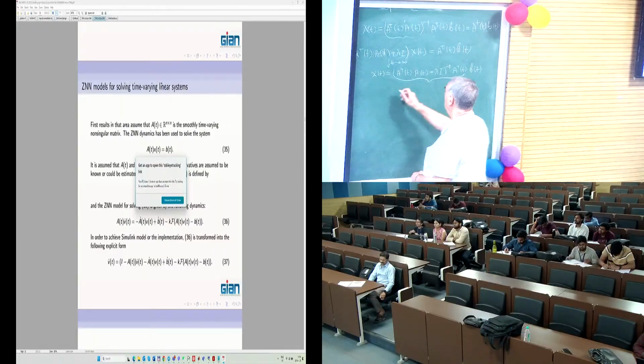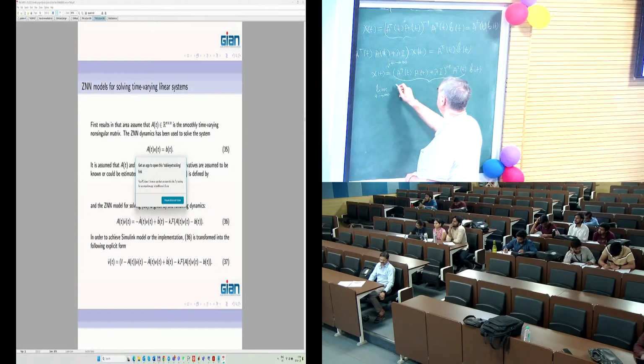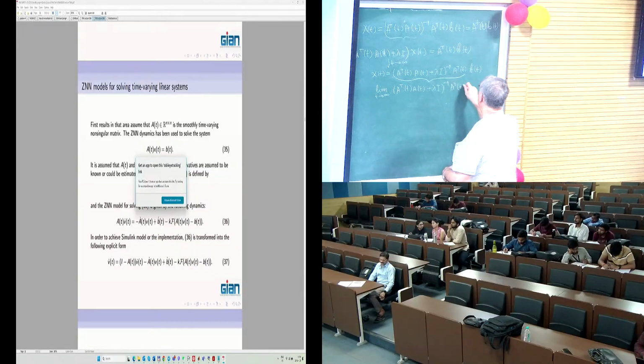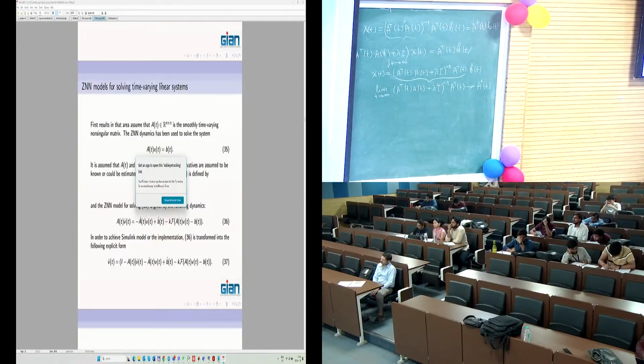Again, if time tends to infinity, this converges to A dagger of t, and we will obtain an approximation of the Moore-Penrose inverse solution.